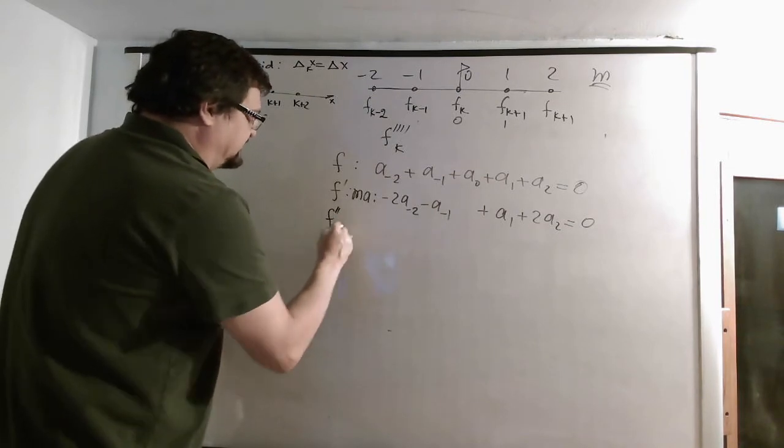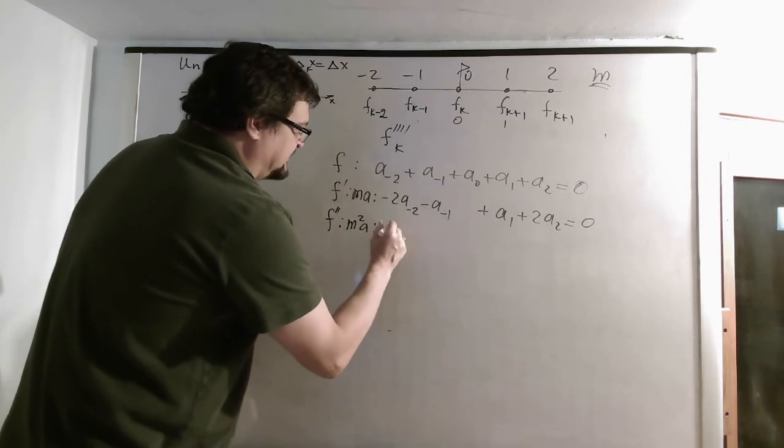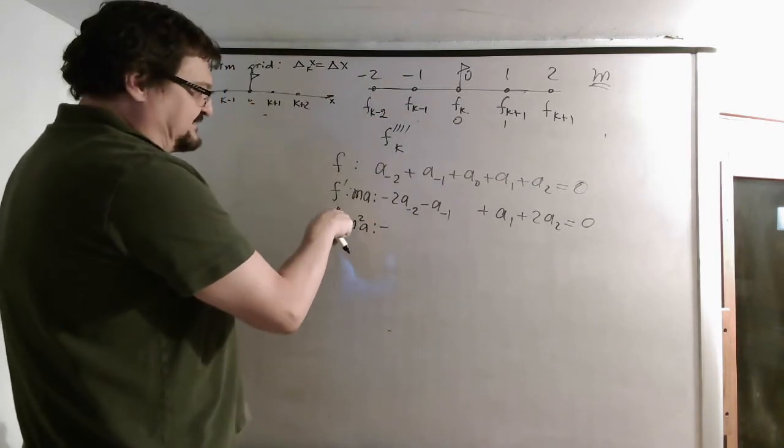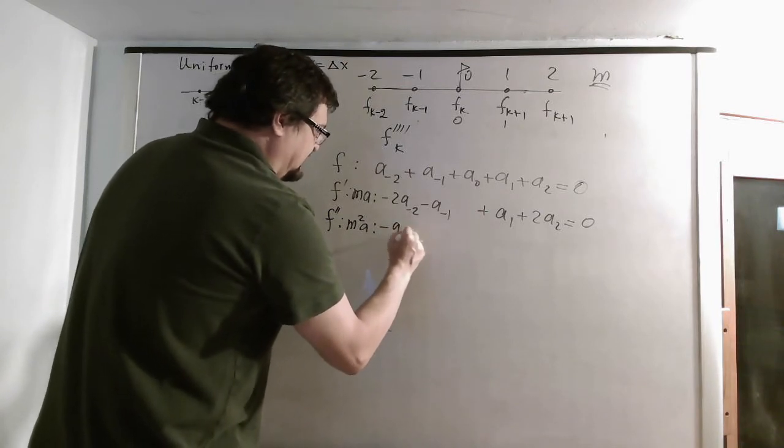For the second derivative, the terms are m squared times a.